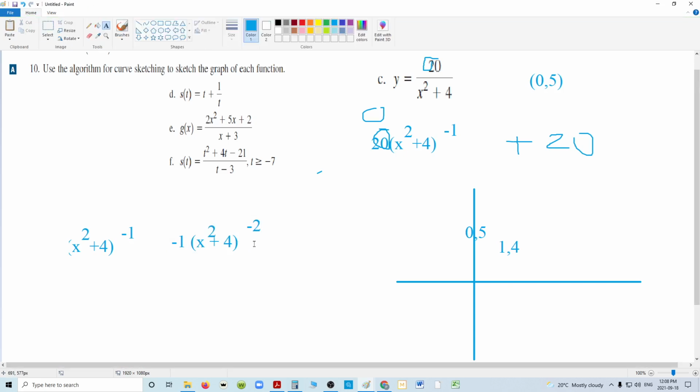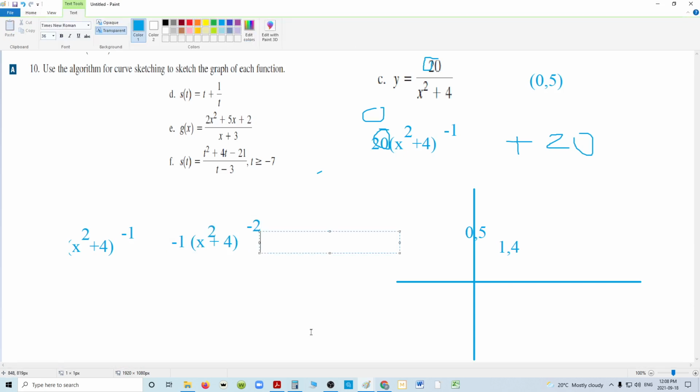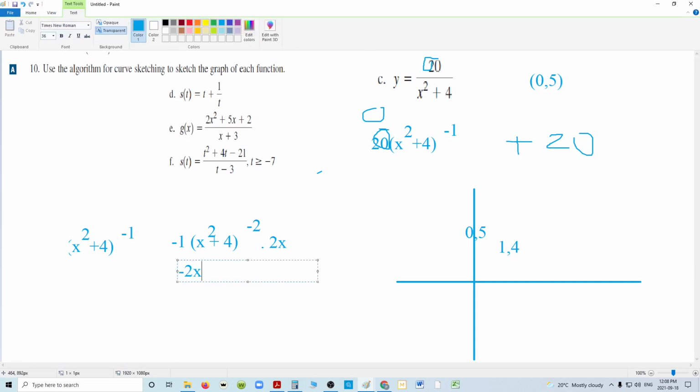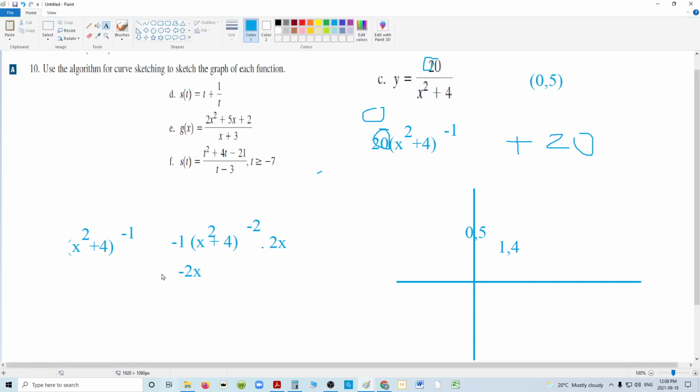And then you take the derivative of the internal. The derivative of x squared is 2x, which means you're going to get minus 2x as the numerator, and on the bottom you're going to get this squared. That's what the negative 2 is.